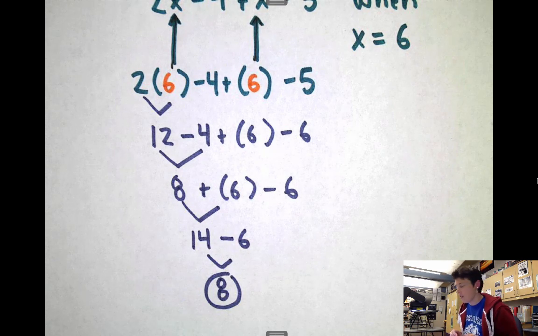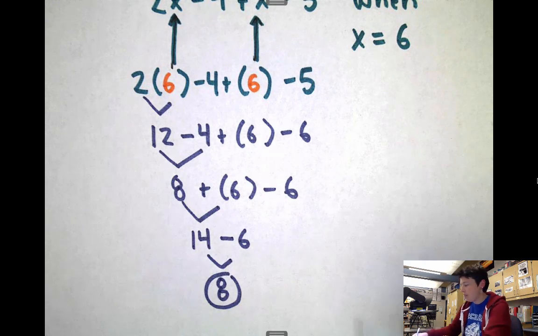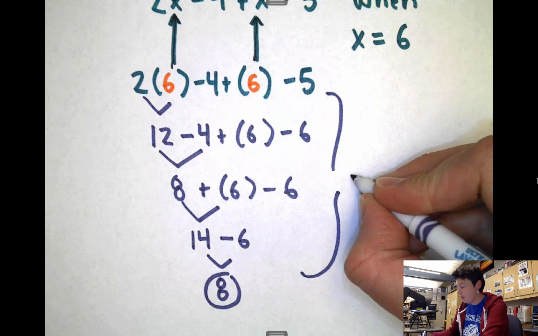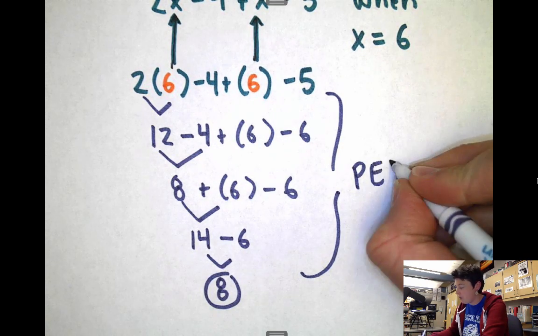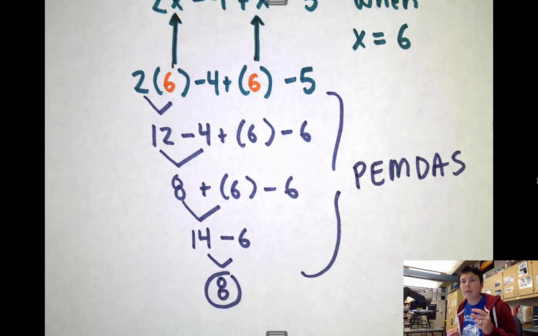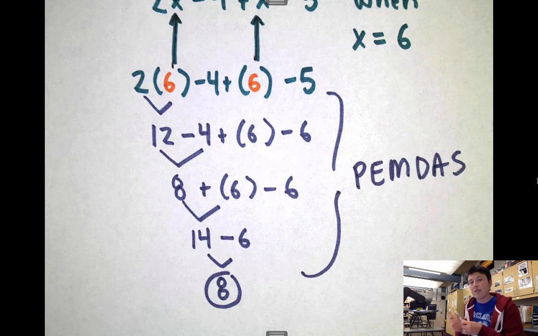The big idea here, though, really is that once you've replaced the x with the number, you want to use PEMDAS. You want to use that order of operations that you've learned from 6th grade. So remember, parentheses, exponents, multiplication, division, addition, and subtraction. Work your way left to right.